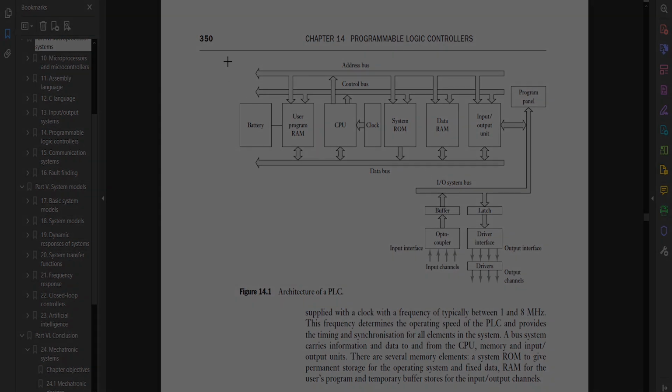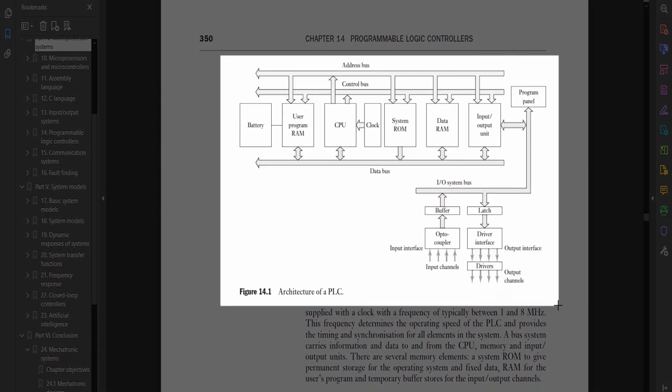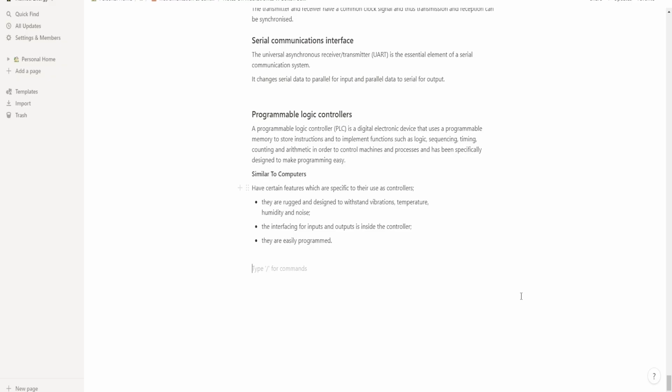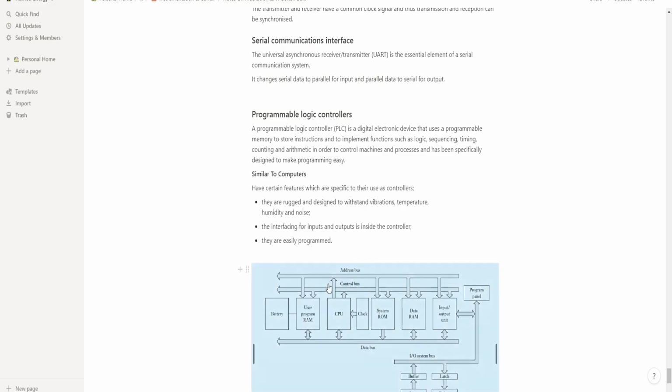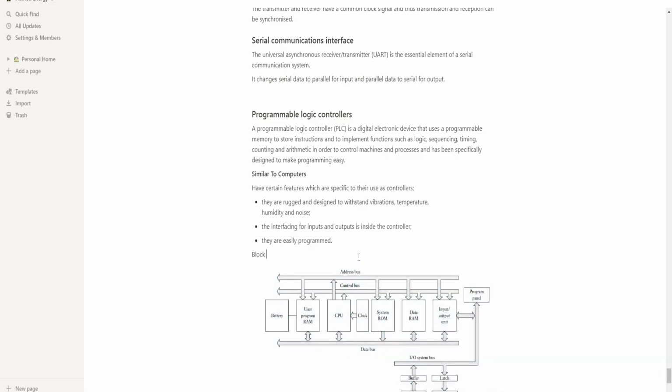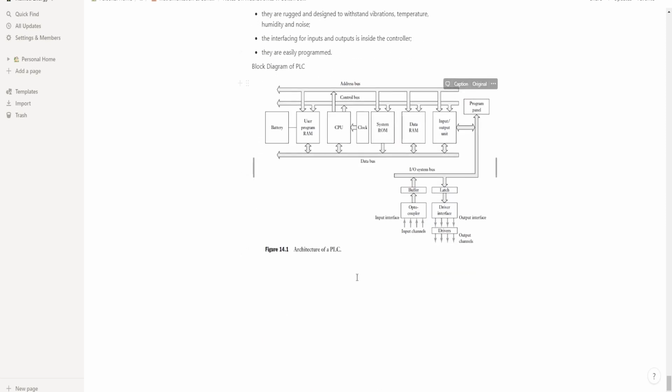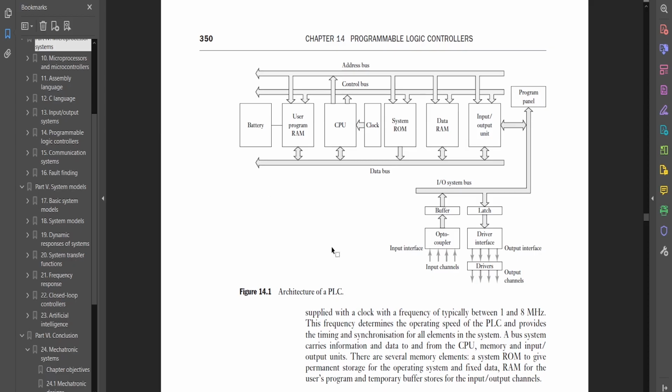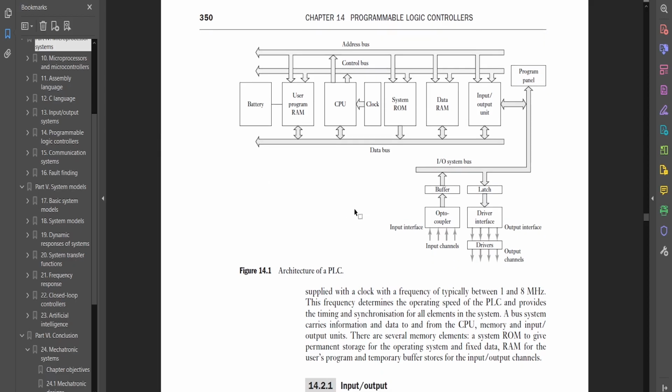Okay, I'll screenshot this, but I don't really know why I'm screenshotting this. Block diagram of PLC. One thing I'm glad about is that I now know what a PLC is, but as for how beneficial that is, I don't know.